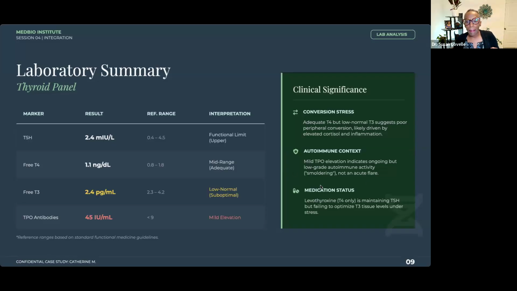Okay. And we just talked about the TPO, and because she's on that T4, the levothyroxine, she's only getting T4. Well, we'd have to go a lot higher on that dose to kind of force some of this T4 to move over into T3.